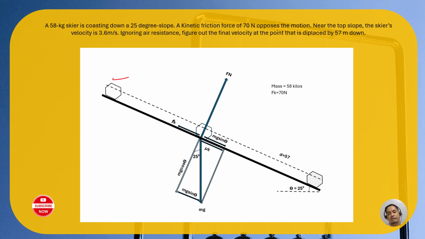The skier moves down all the way to this position here, and this is a slope that is elevated at a 25-degree angle. And if you have an elevation with respect to the horizontal, this is going to be equal to this angle here.